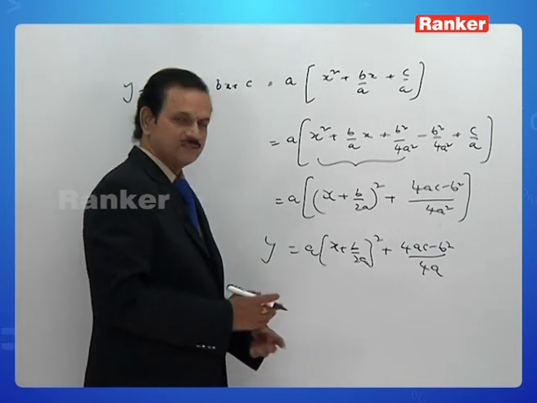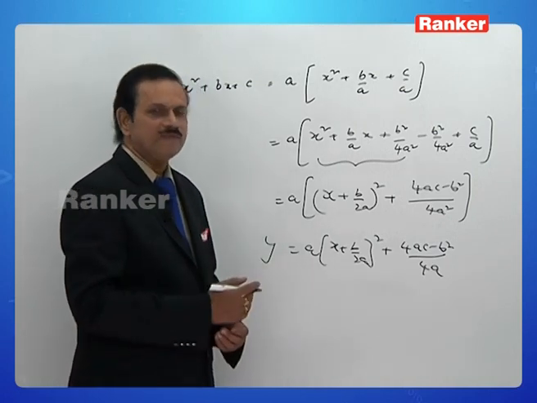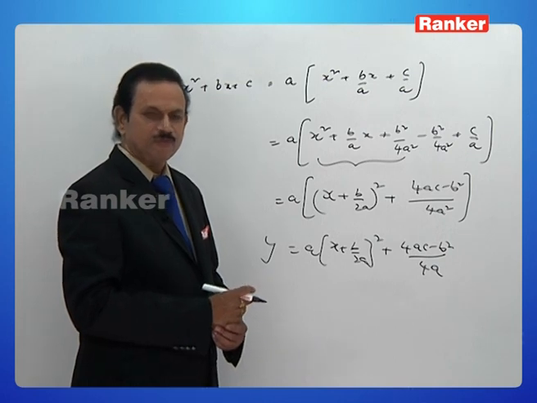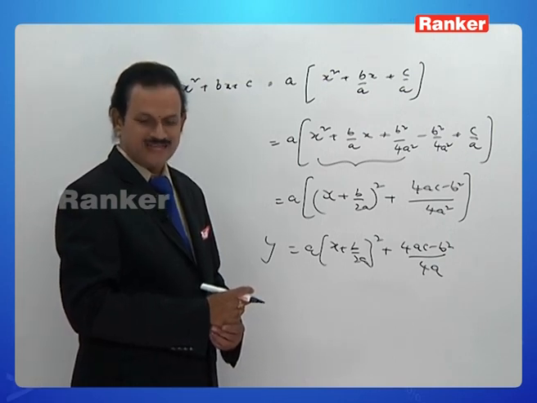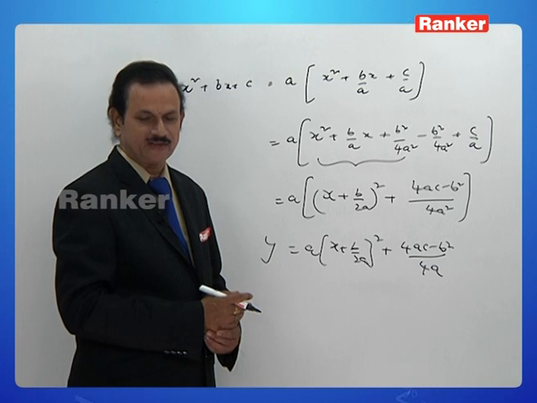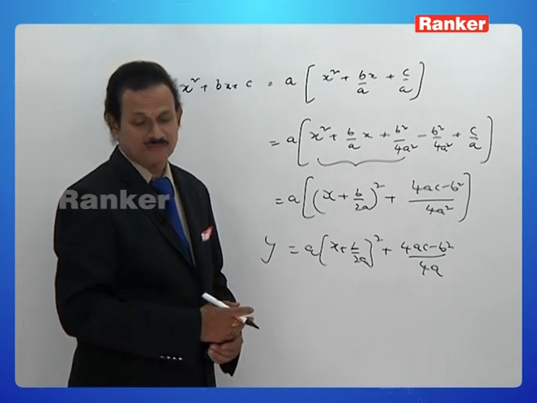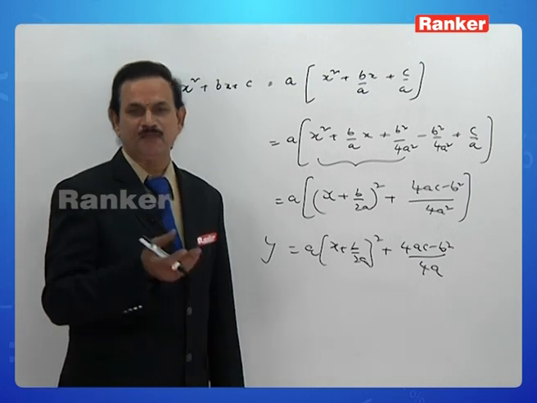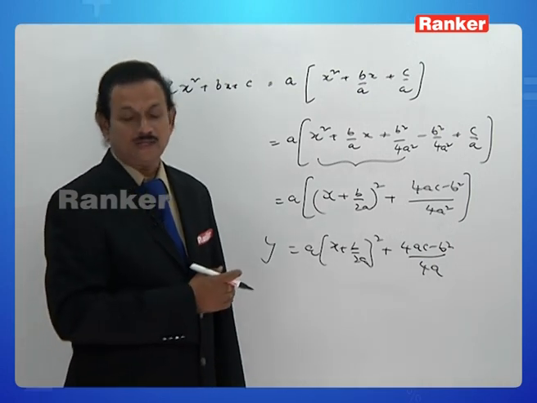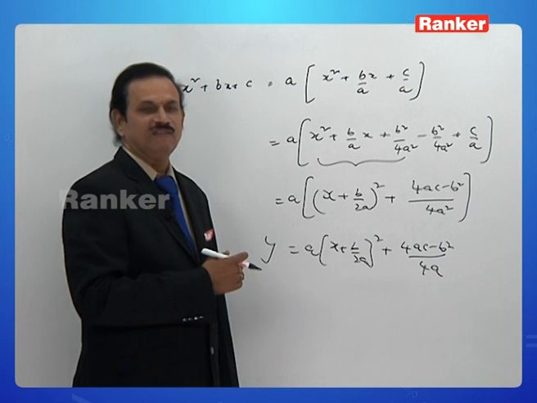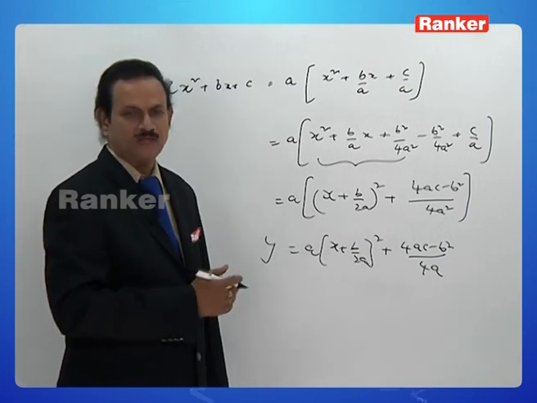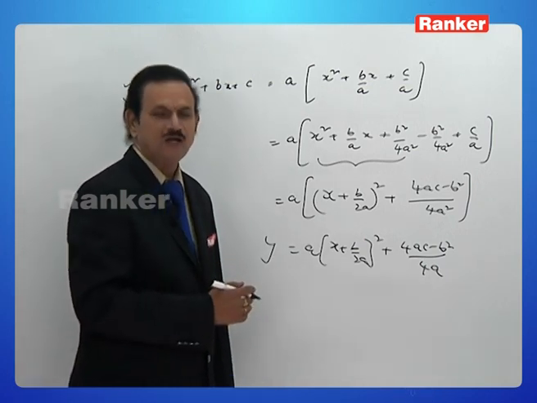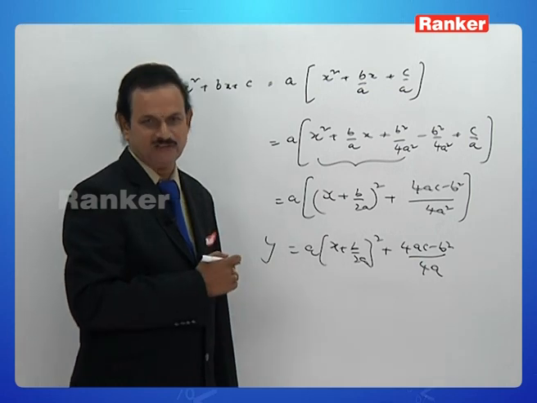So, from this discussion, we believe in one thing. If you want to represent the graph of a quadratic expression ax square plus bx plus c, definitely it takes the form of a parabola. Even that parabola will have its axis either parallel to y-axis or y-axis itself.